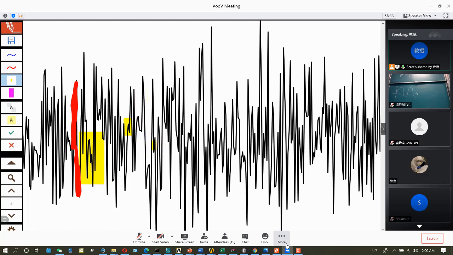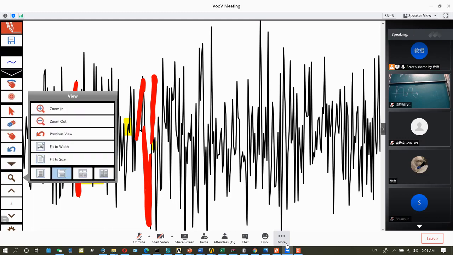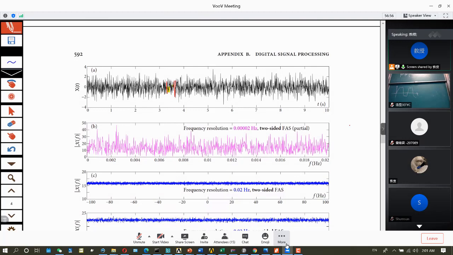And then this would be lower or intermediate frequency, okay? So when you put everything together, something like this, okay?